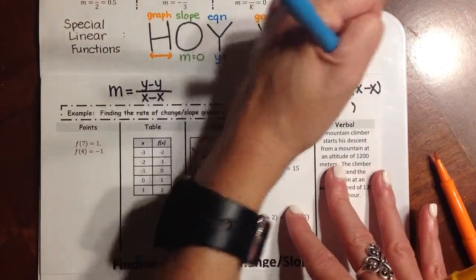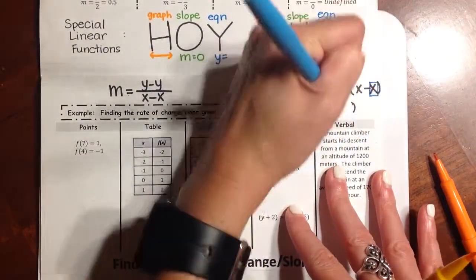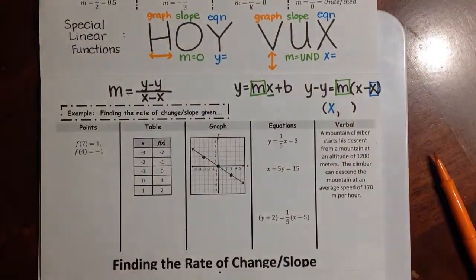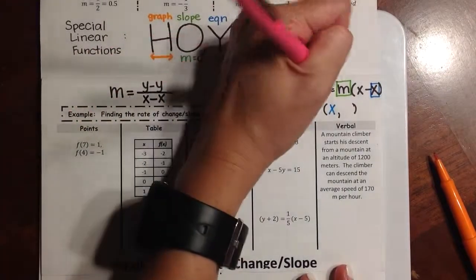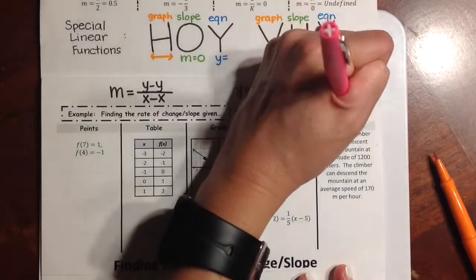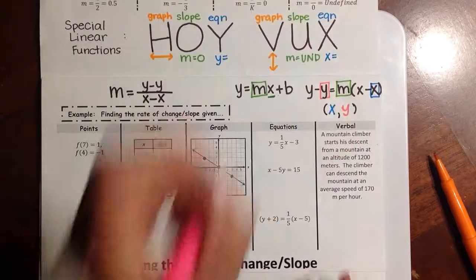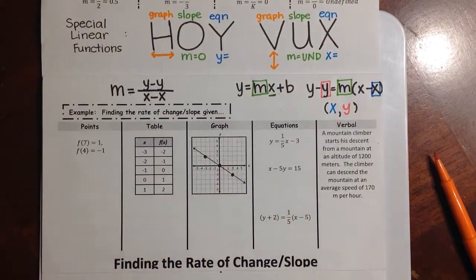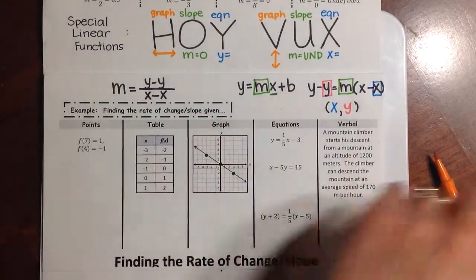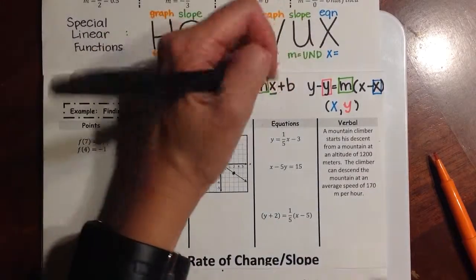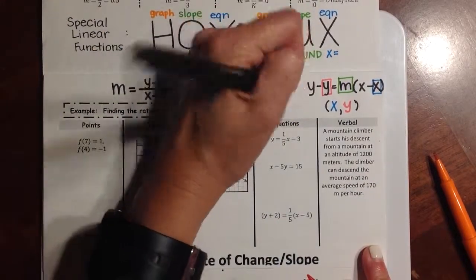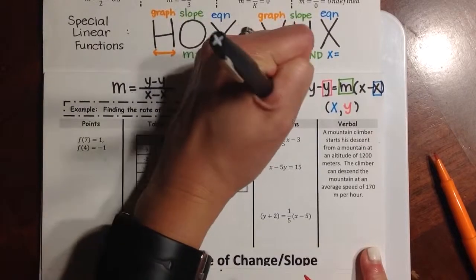So remember, this x value is the x value of the ordered pair, and the y value after the subtraction sign is the y value in the ordered pair as well. So you also get more information, and then of course this in y equals mx plus b, that is going to tell you your y-intercept.